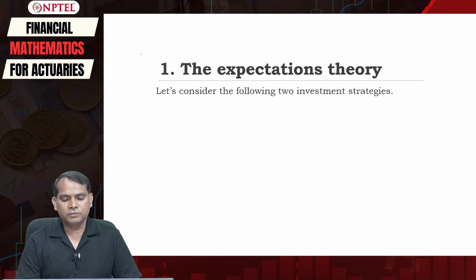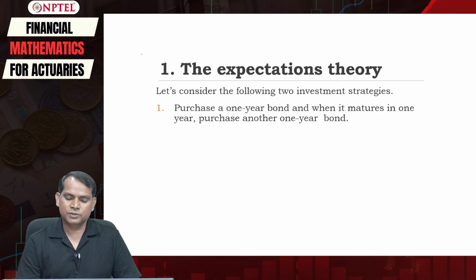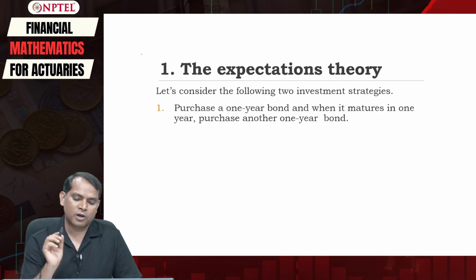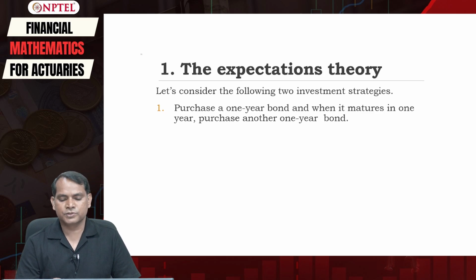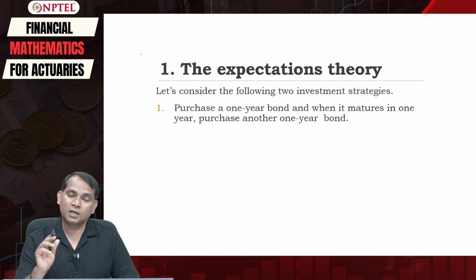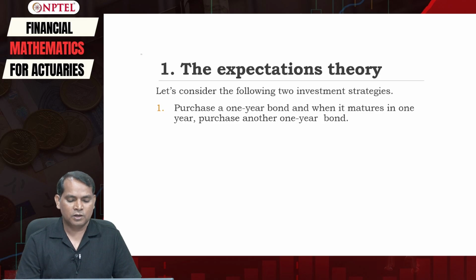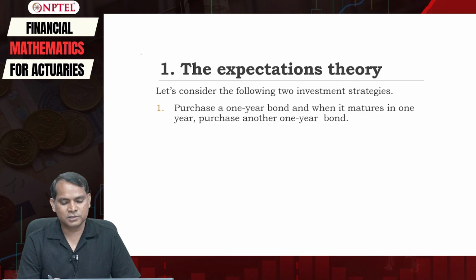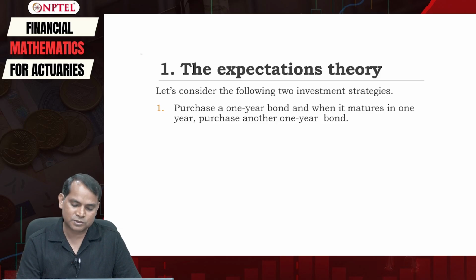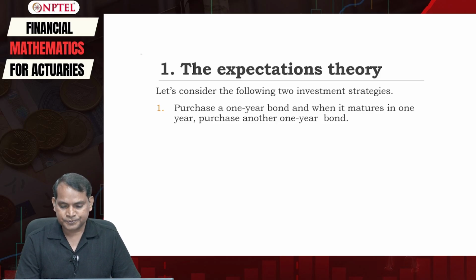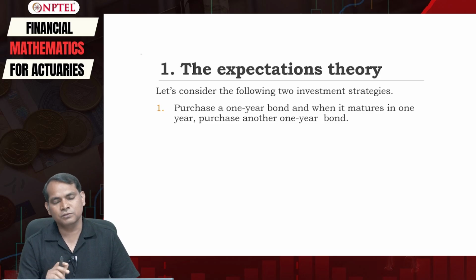So, let us consider the following investment strategies. Strategy 1 says to purchase a 1 year bond, and when it matures in 1 year, purchase another 1 year bond. So, here we will consider that this 1 year bond is a short term bond, meaning that initially you are planning to invest in this short term bond, and when it matures in 1 year, purchase another short term bond.